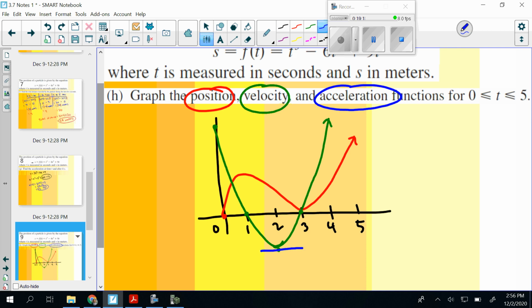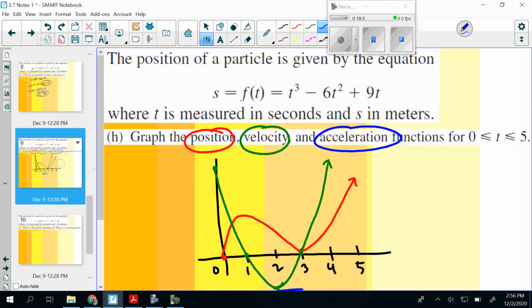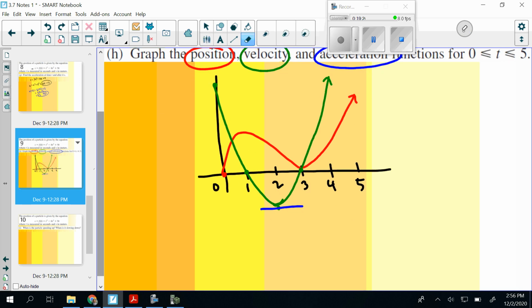What's the tangent line here? It's 0. And so when we're graphing this out, if we know that the tangent line is 0 at 2, that means the acceleration should be 0. What kind of acceleration do we have here?